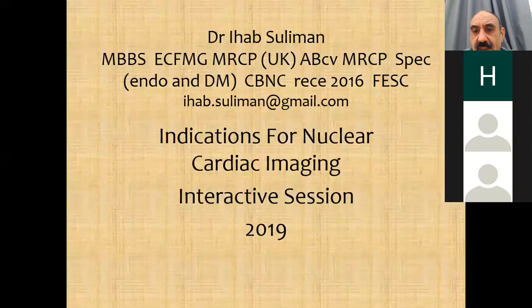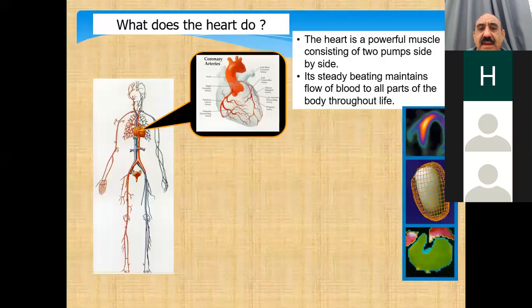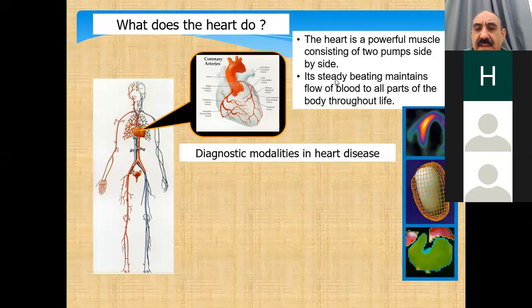I'm going to start this Zoom presentation with tips and tricks for nuclear cardiac imaging. We all know that the heart is a powerful muscle that consists of two pumps side by side.